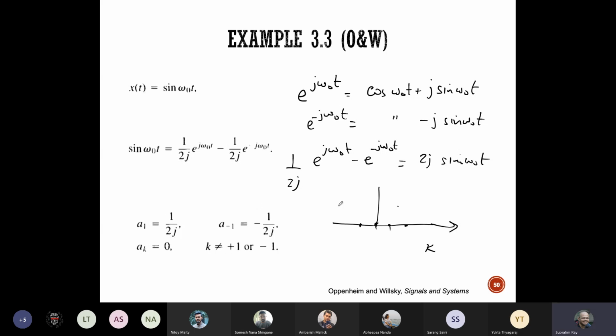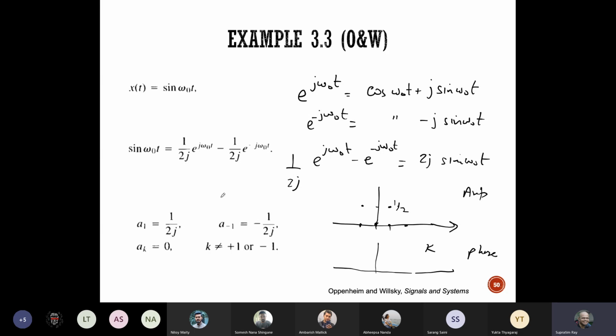Obviously I can't plot a complex number, so I usually have an amplitude spectrum and a phase spectrum. It's easy to see that the amplitude is the same here, it's half, and the phase is just opposite of each other.